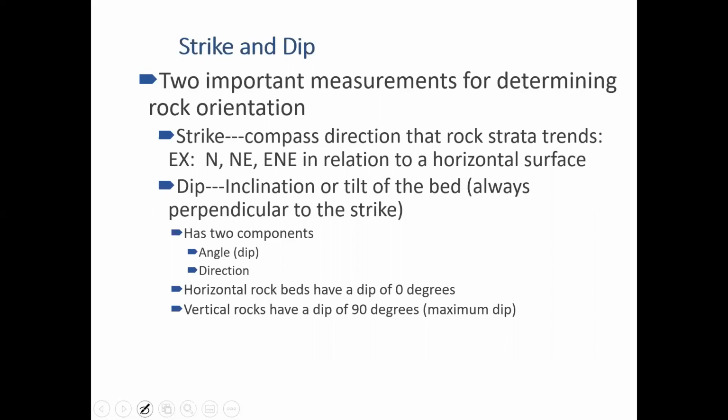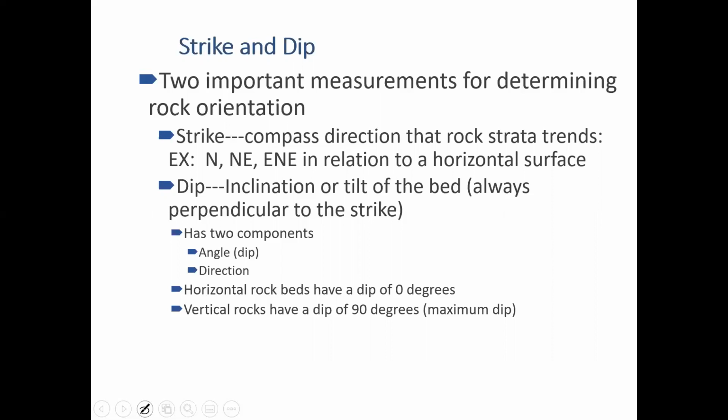So a Brunton compass used to be the tool that every geologist worth their salt had. The Brunton compass was used because it was metal, it was sturdy, it has a level on it, so you can determine what the angle of the dip is, and of course the compass is going to show you the direction.